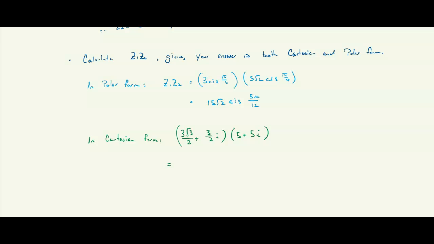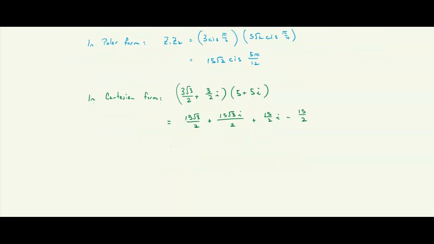We would write 3 root 3 times 5, so 15 root 3 over 2. Now we're multiplying by 5i, so that's 15 root 3 i over 2. Now we add 3 over 2 by 5, so that's 15 over 2 i. And then we've got 3 over 2 times 5, which is 15 over 2. i squared is minus 1, so that's minus 15 over 2.